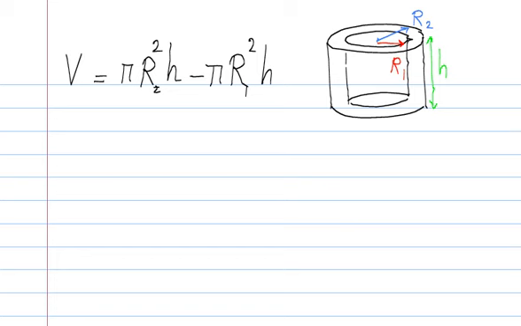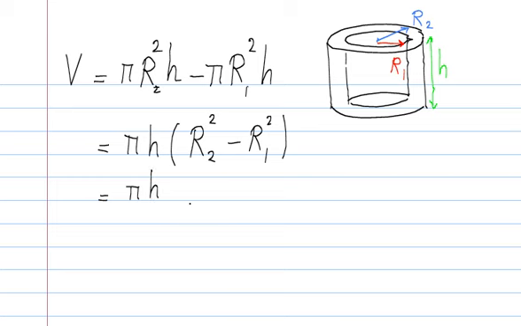Now let's go ahead and manipulate this a little bit so that it will be useful in our calculations later on. I am going to take a factor of pi and h, and now I'm left with R2 squared minus R1 squared. This can be factored further, so I go ahead and do that.